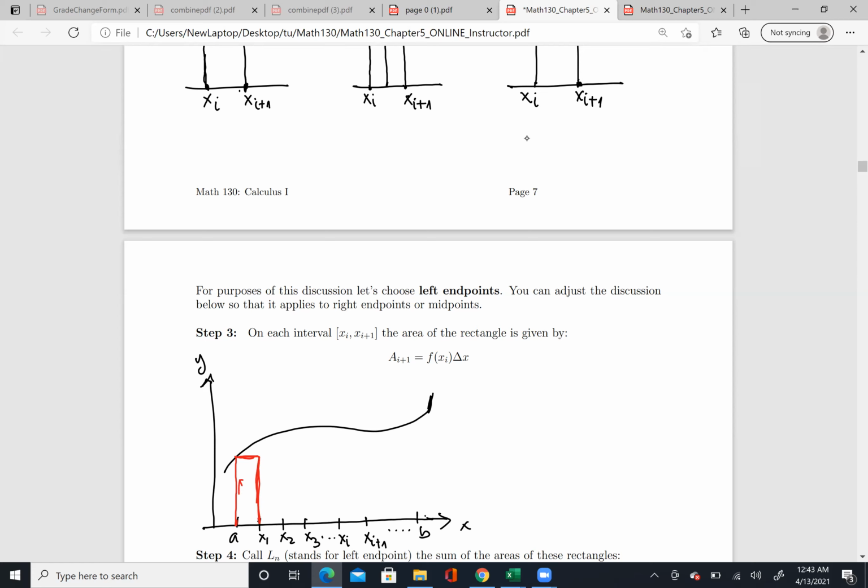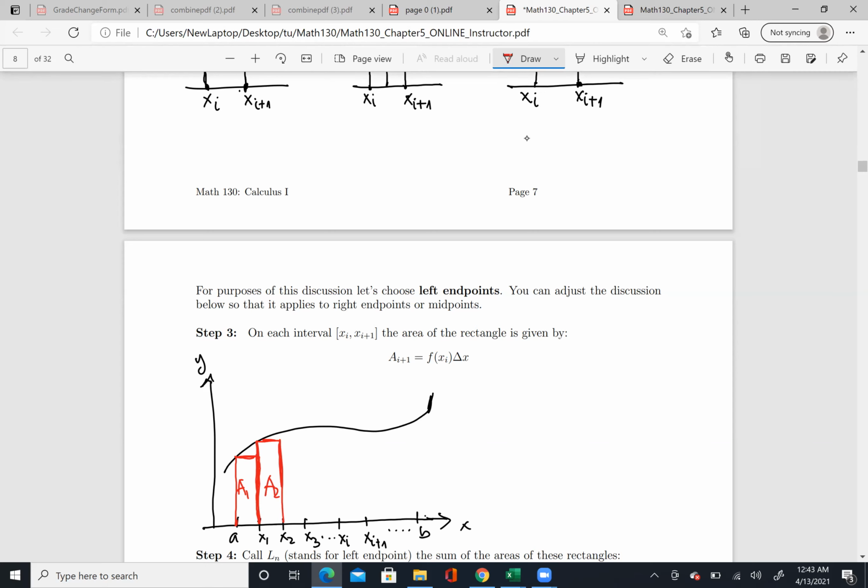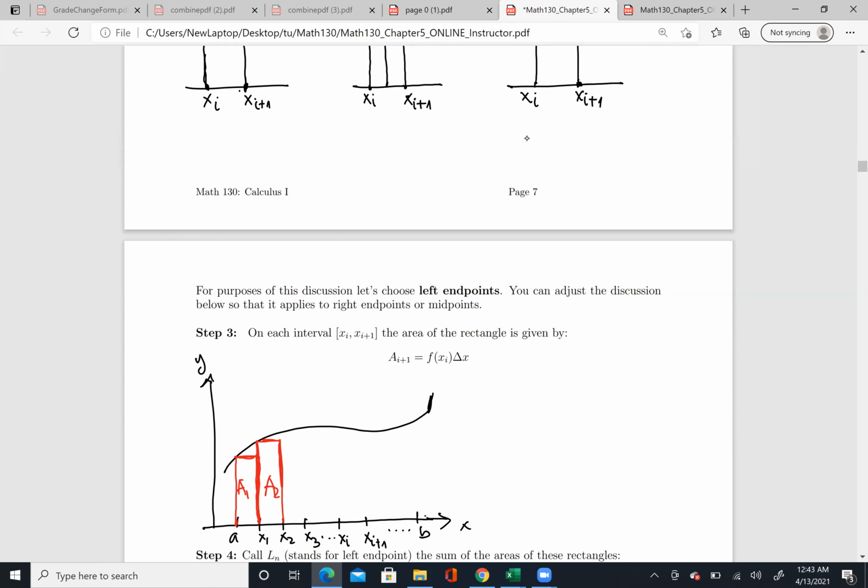And this is A1, and x1 here we make the second area or second rectangle as A2, and x2 here is going to be the third left endpoint. We make A3, and I keep going.